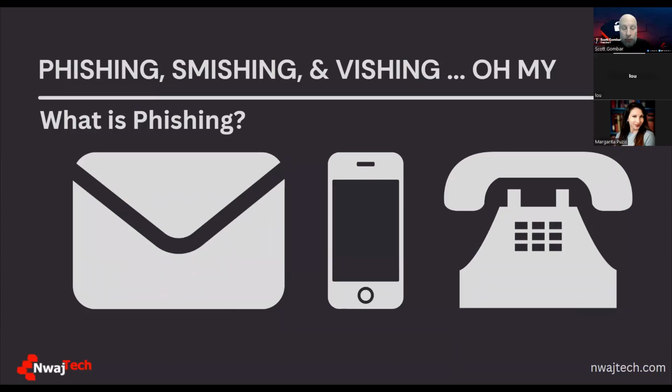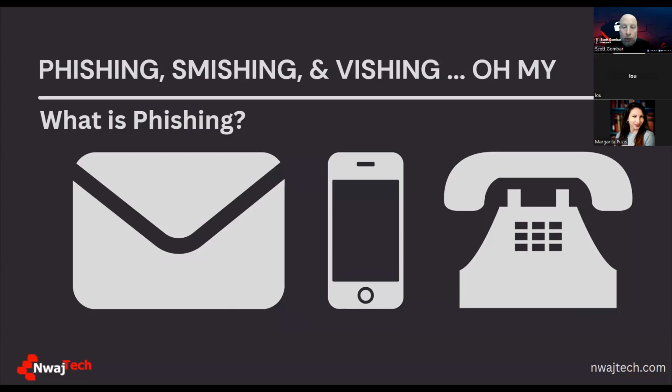SMS is the technical jargon for text messaging, and so that's where smishing comes from. And that's to deceive recipients. The term smishing is derived from SMS, short message service. I can never remember what SMS stands for, but there it is, short message service, the technical term for text messaging.